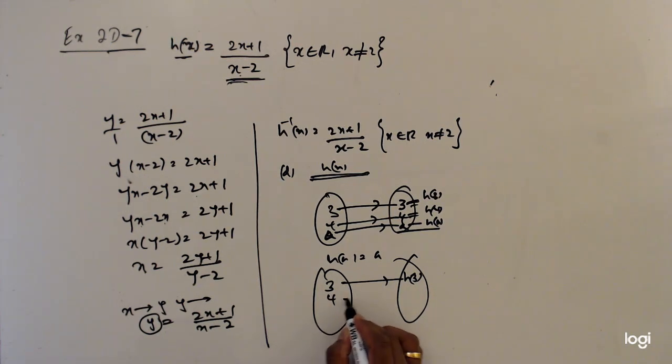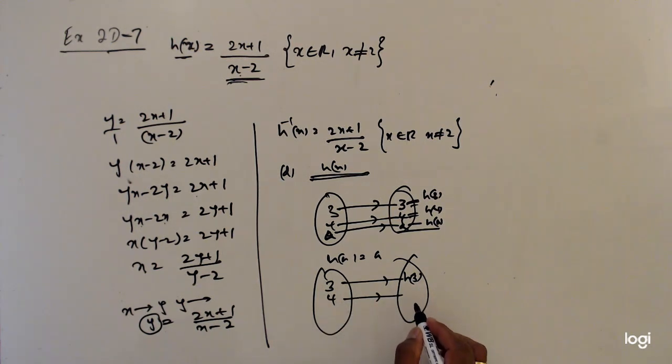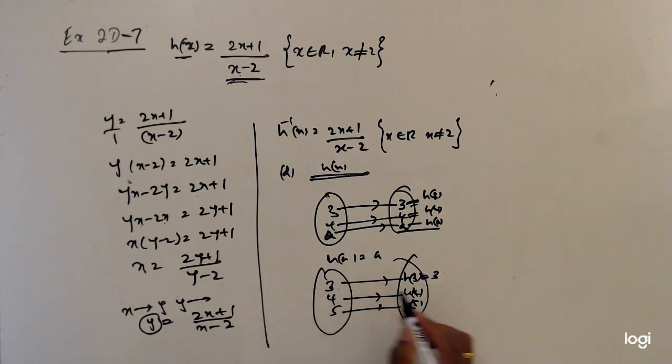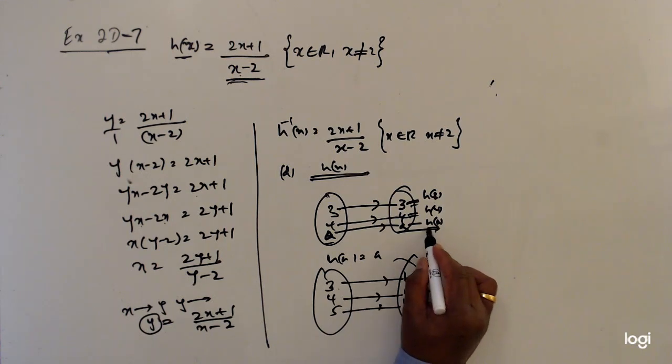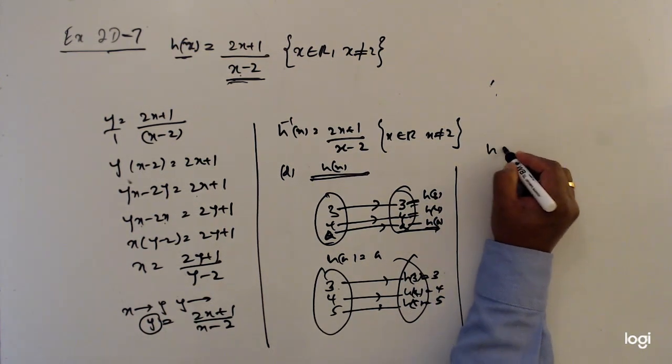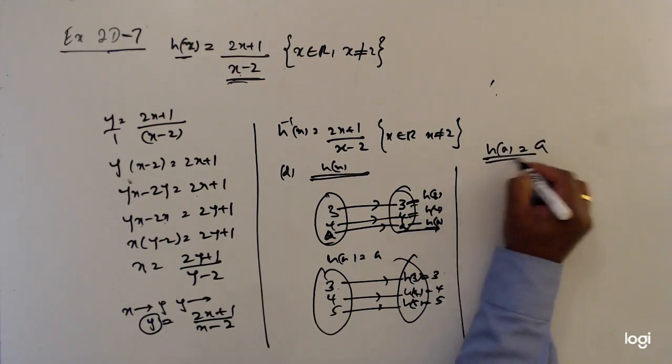If you put 4, the relevant value is H4. If you put 5, it is H5. And it is going to be the same value. Likewise a, H a. So we'll solve H a equal a.